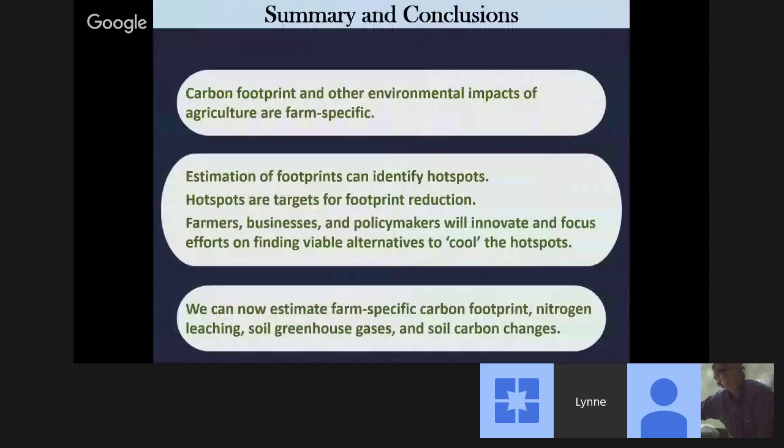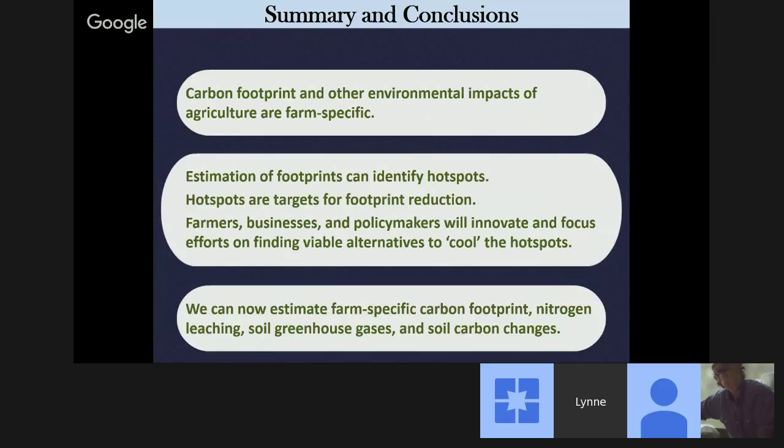Again, we're seeing that the carbon footprint and other impacts of agriculture are farm specific, and we think it is useful to identify hotspots so that those can be targets for reducing the footprint of a given farm. Once that information is available, then farmers, businesses, and policymakers can innovate. Well, researchers should be in there too. Can innovate and focus efforts on finding viable alternatives to cool those hotspots.